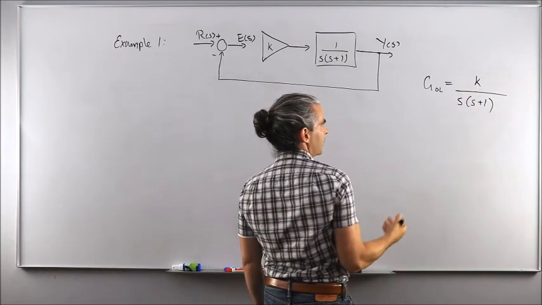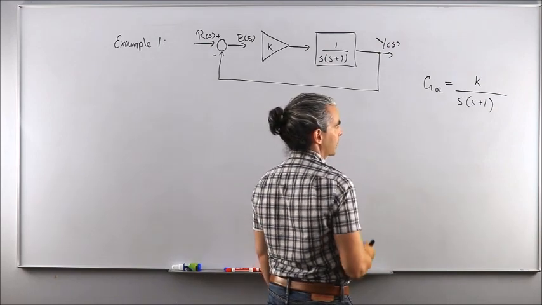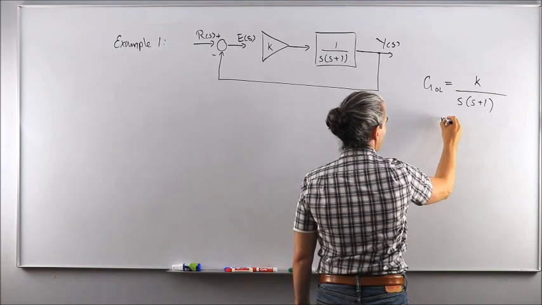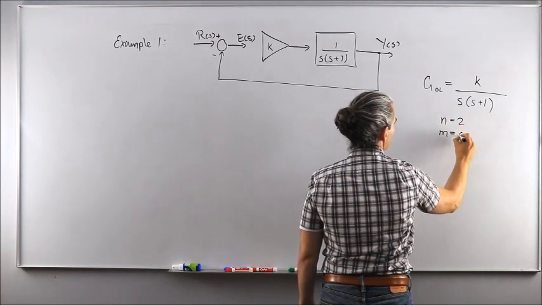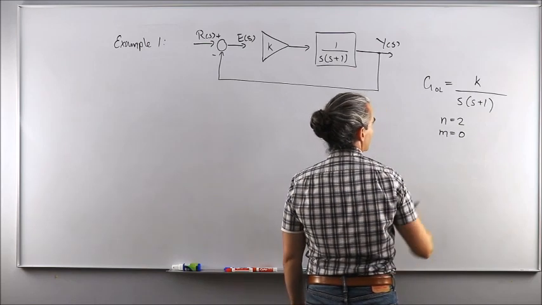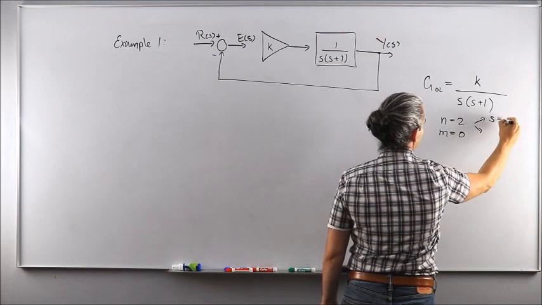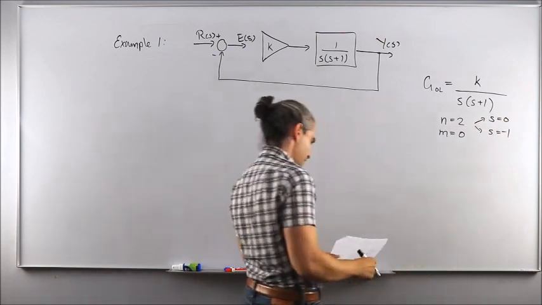Now I need to figure out how many poles I have, how many zeros, and where they are in the complex plane to begin with. I'm looking at that and I say, okay, I have 2 poles and no zeros. Where are my 2 poles? I have one at the origin and the other one at -1. Okay.